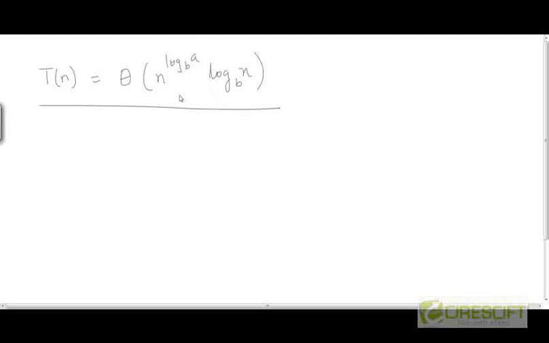This is the value of each level sum, and this is the value of the height of the tree. And because the level sums are constant down the tree, the overall cost of the recursion tree is the level sum multiplied by the number of levels, which is log of n, the height of the tree.